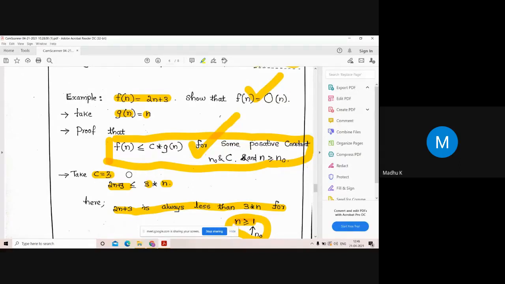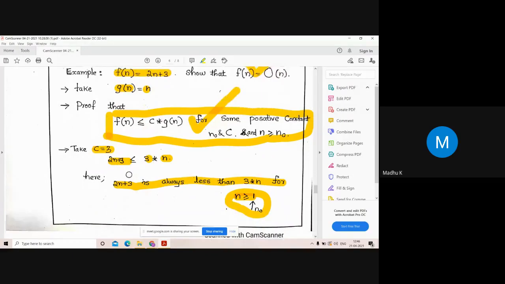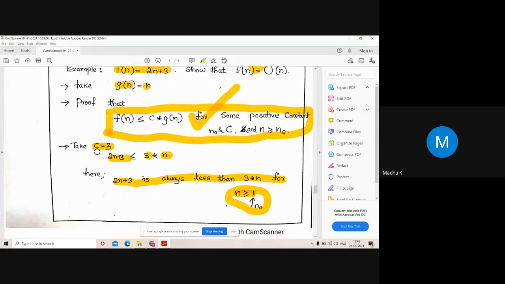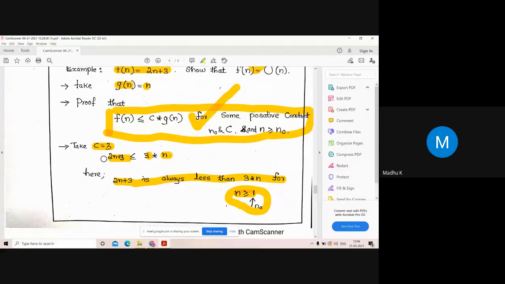So what we have done is a trial and error method. For example, put c is equal to 3 into n. Directly we can get it. But this is the simplest case. In complicated cases, we want to use inequalities. This is basically an inequality in the mathematical concept.